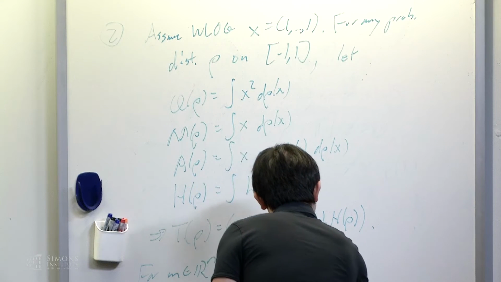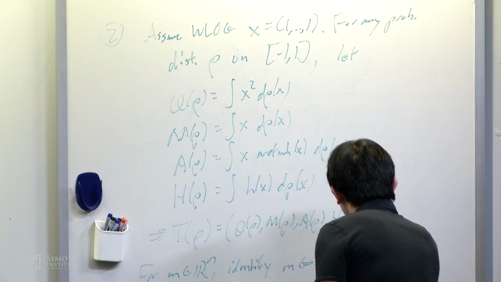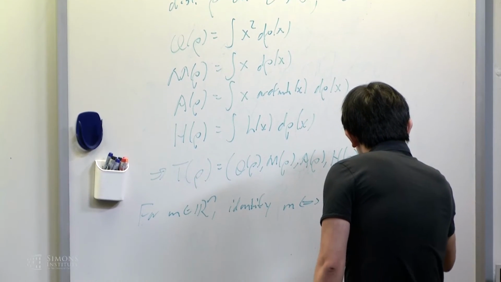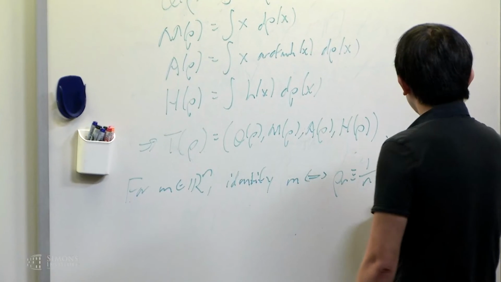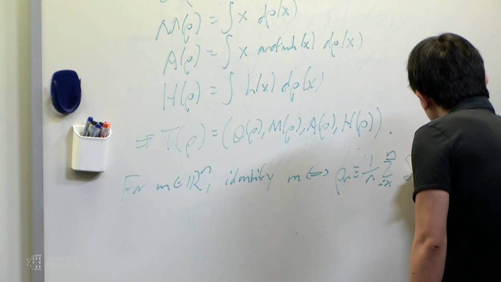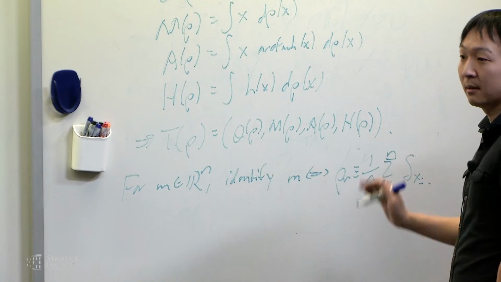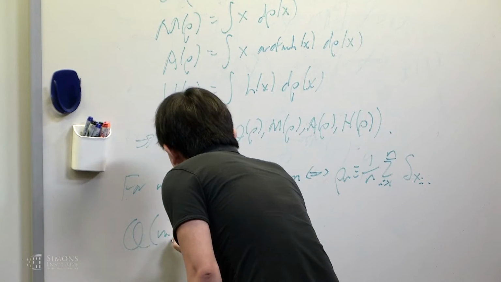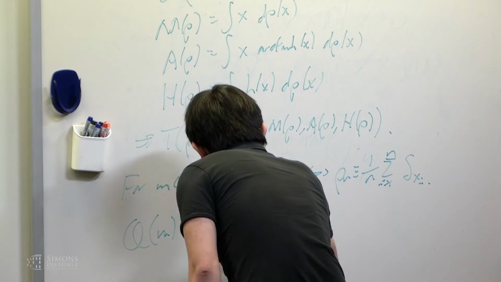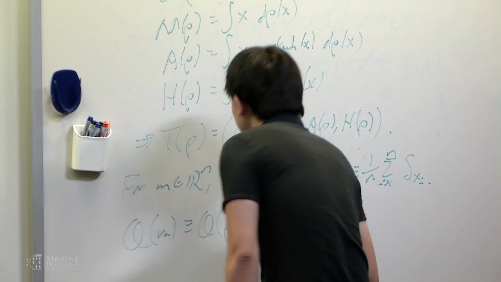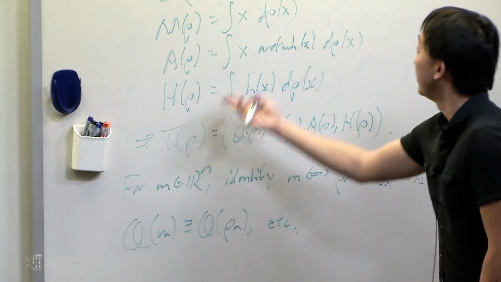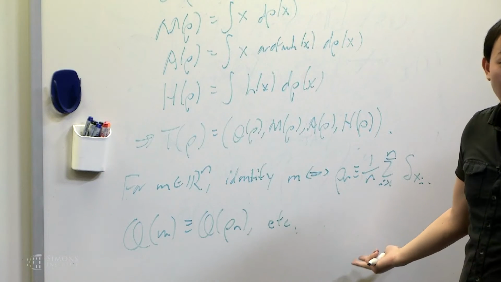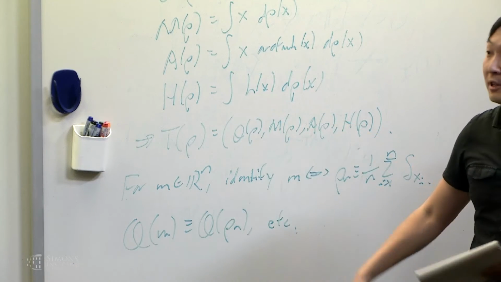So identify m with what I'll call rho n, which is the empirical law of the coordinates. Right? So 1 over n, sum over i of the delta mass on m_i. And I'll use the notation q of m is the same thing as q of rho n, etc. So in particular, q of m would be the average squared entry of m, which is what I wrote down before. This is just a notational identification.